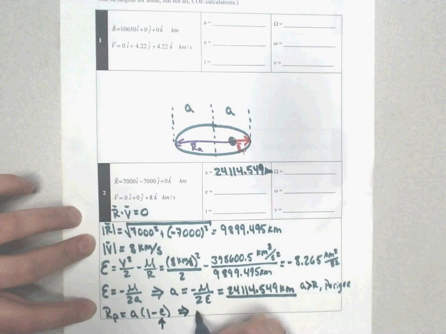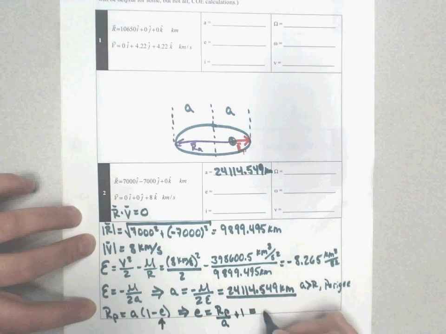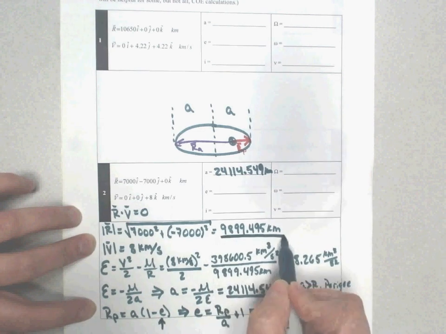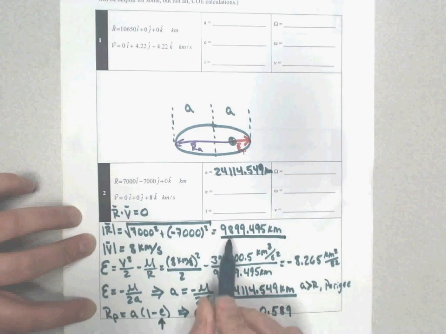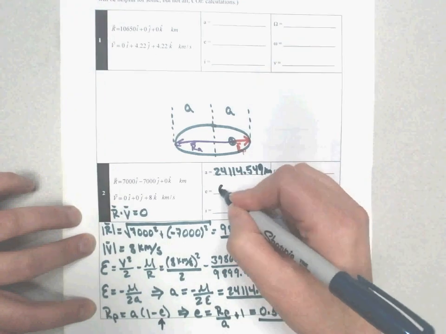So that leads to eccentricity is equal to 1 minus R of perigee over A. And in this case, you will get 0.589. This R of perigee is this R right here. A is this A right here. You just solved for both of them, magnitude and A, to find our eccentricity.